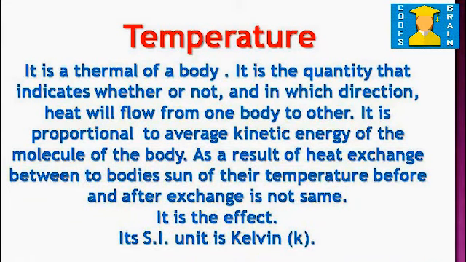It is proportional to the average kinetic energy of the molecules of the body. As a result of heat exchange between two bodies, the sum of their temperatures before and after exchange is not the same. It is affected. Its SI unit is Kelvin.